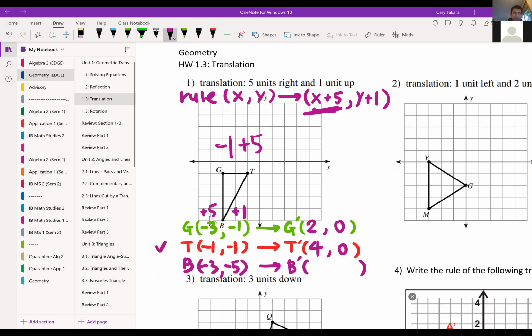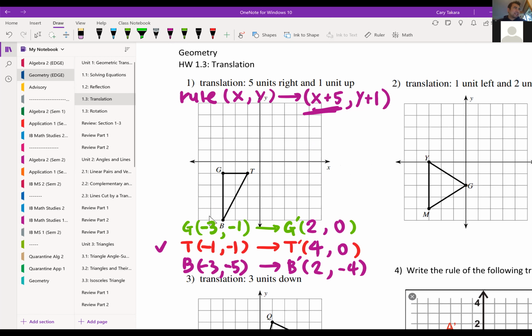And for B, the last coordinate, if you add 5, negative 3 plus 5 is going to be 2. Negative 5 plus 1 is negative 4. So that's it.